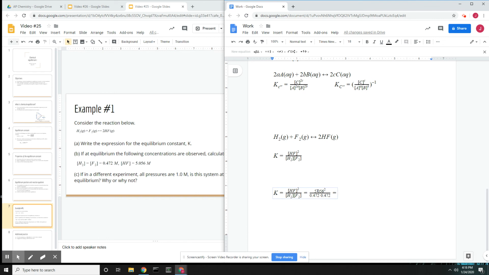These typically aren't sig fig questions, but just for the sake of doing this like how we normally do it, I'm going to round to 3 sig figs because that's the lower amount. So K is equal to 115.